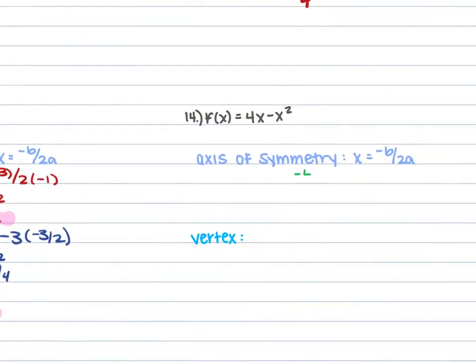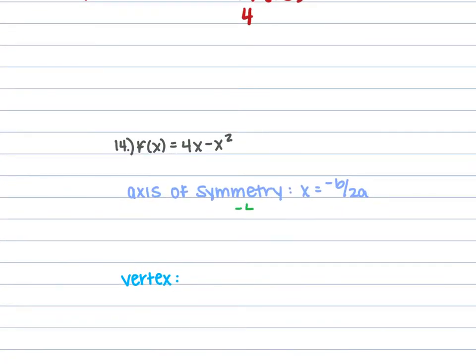For 14, we have f of x is equal to 4x minus x squared. So our a is negative 1, and our b is 4.